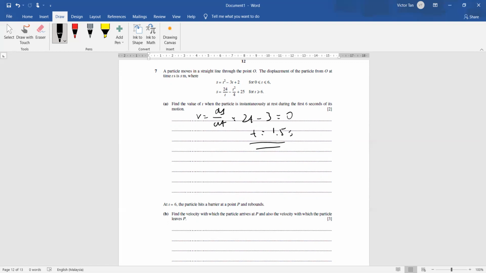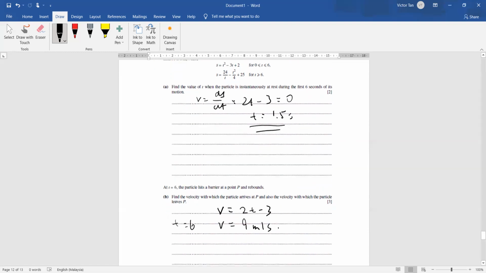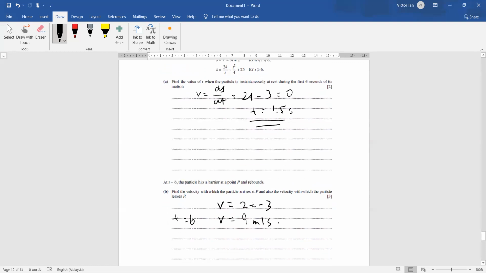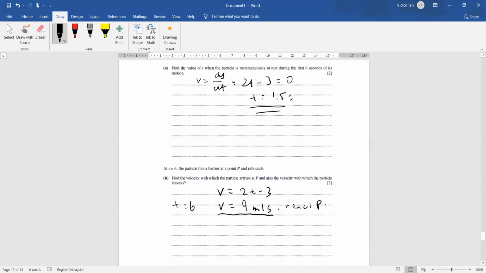Arrives at P. So at t equals 6 seconds, v equals 2t minus 3. So at t equals 6, v equals 9. So this is the velocity the particle reaches P with. Now the velocity with which the particle leaves P. You need to use the second equation.